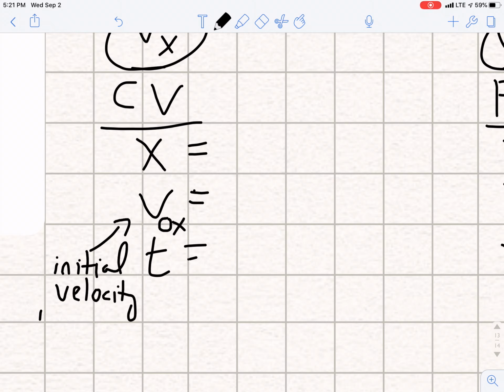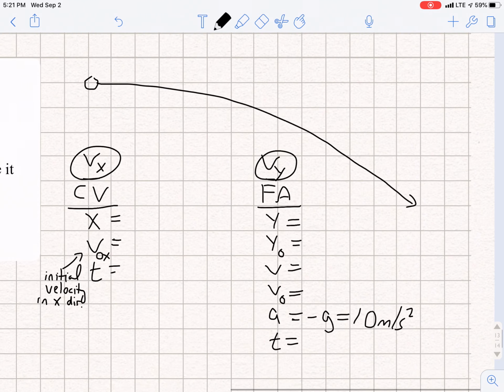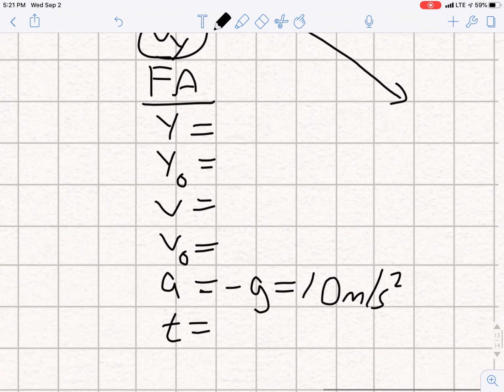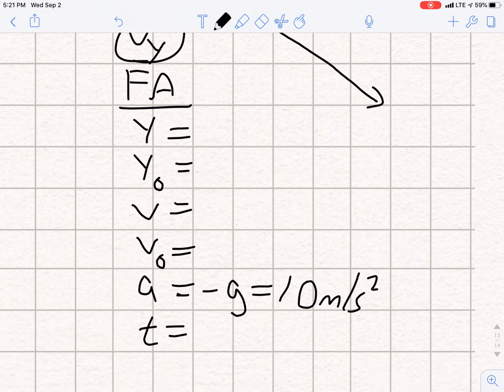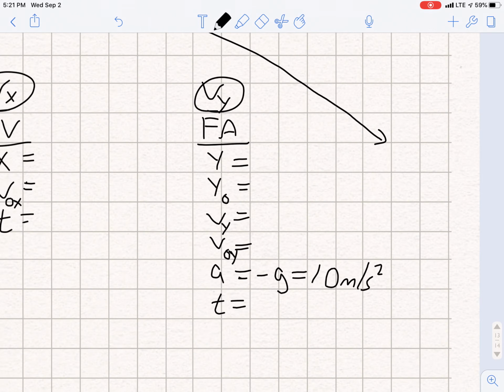Over here, we have y naught, we have v in the y direction and v naught in the y direction. This would be the final velocity in the y direction. This would be the initial velocity in the y direction. Okay, and acceleration due to gravity, and of course time.